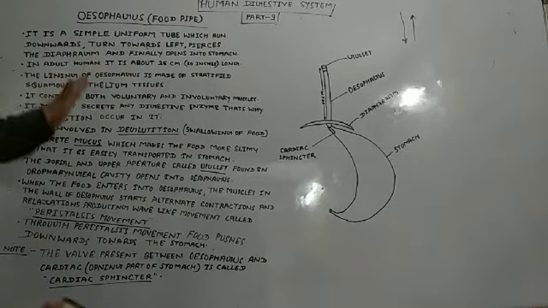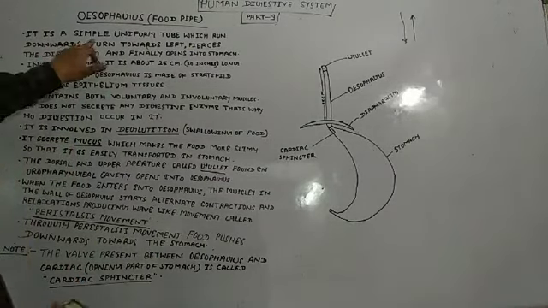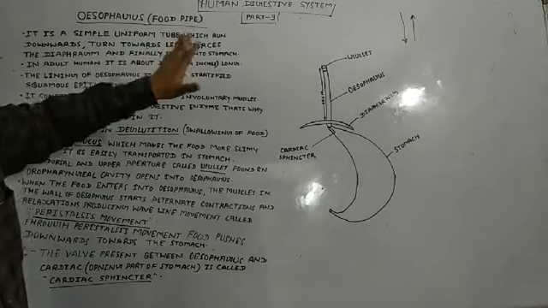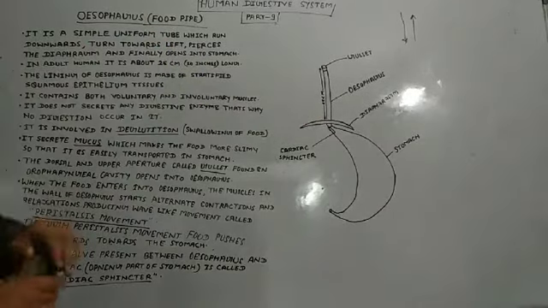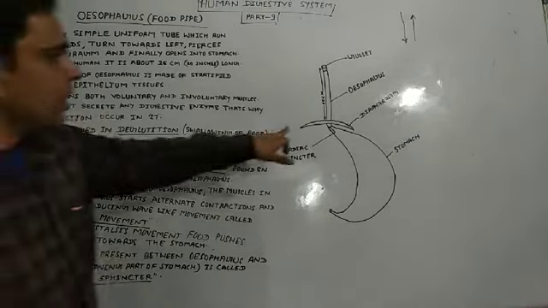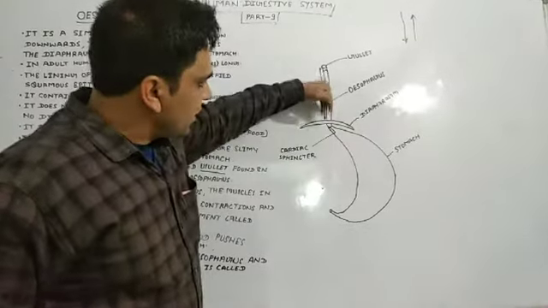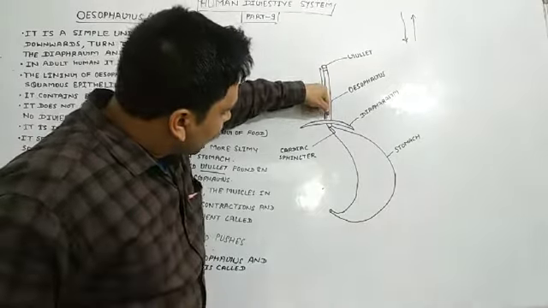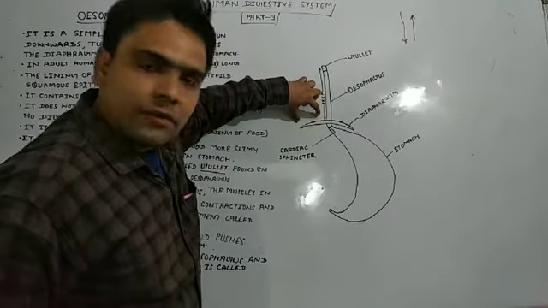From its last ending point it turns towards the left, piercing the diaphragm. Piercing means penetrating the diaphragm. This is the diaphragm and this is our esophagus, and it pierces the diaphragm.